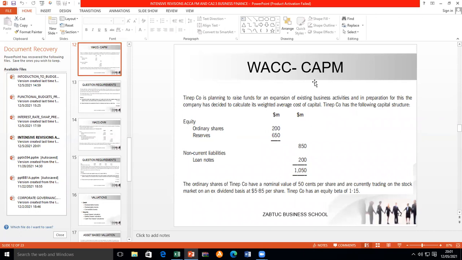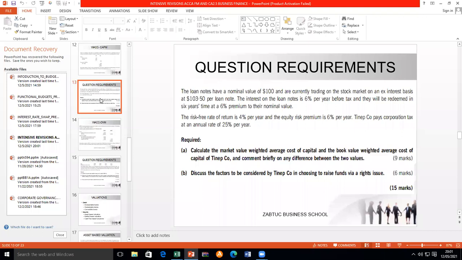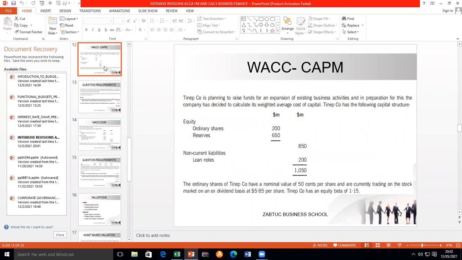This one involves the capital asset pricing model. On the notes that you have, you've got this particular question here. Okay. Let's run through this question now.